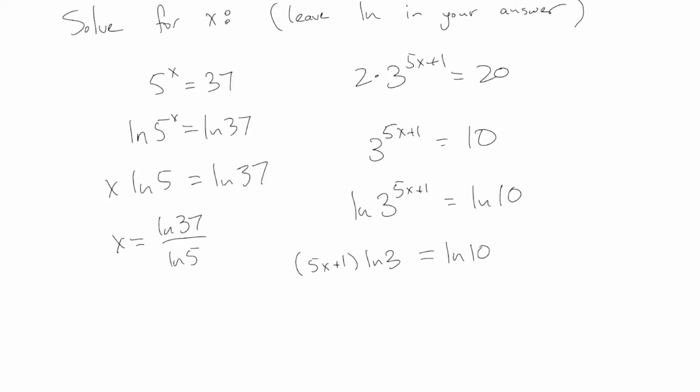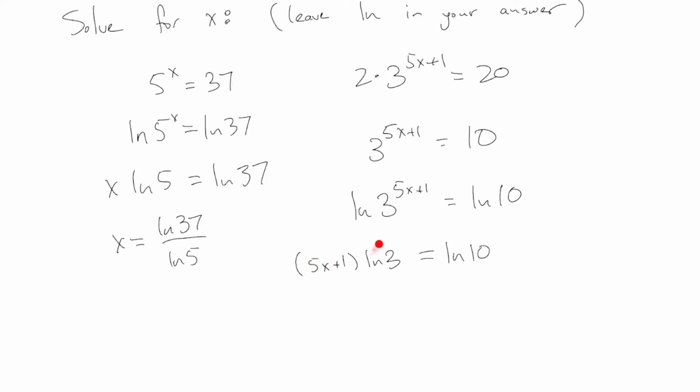I saw a lot of people got this far and then weren't sure what to do, but I hope everybody is good with this so far. This is a little weird looking, but how am I going to solve for x now? By the way, I hope you wrote these parentheses here. If you left them out, it's not quite right. Putting the parentheses here also suggests how we're supposed to proceed. I need to solve for x, but x is surrounded by all of this other stuff.